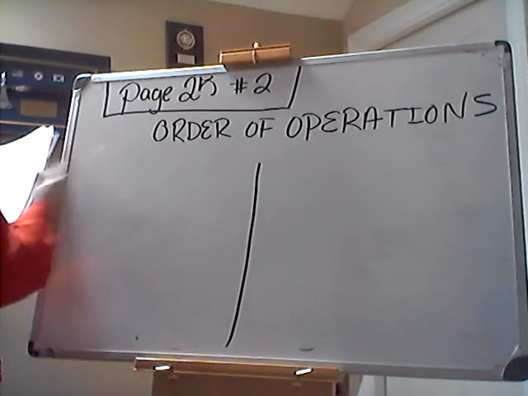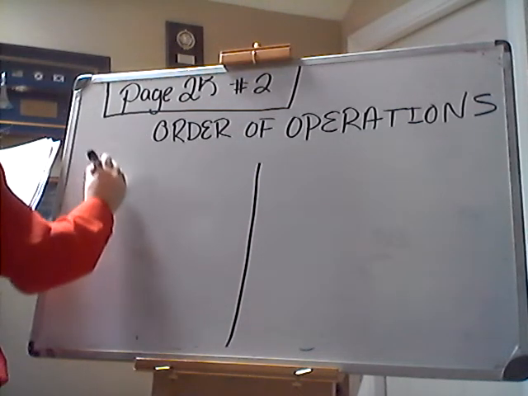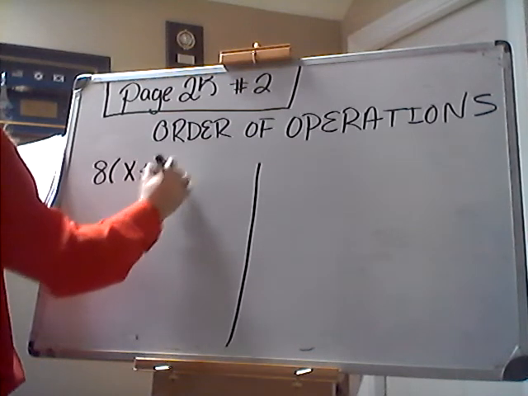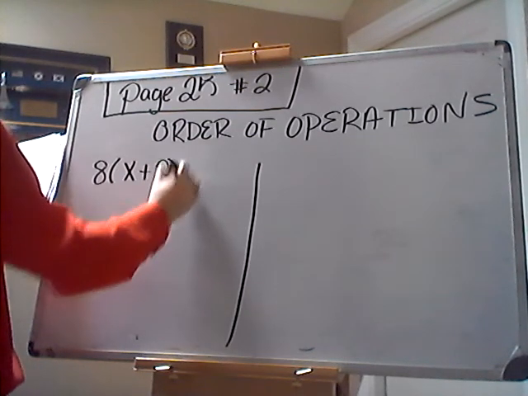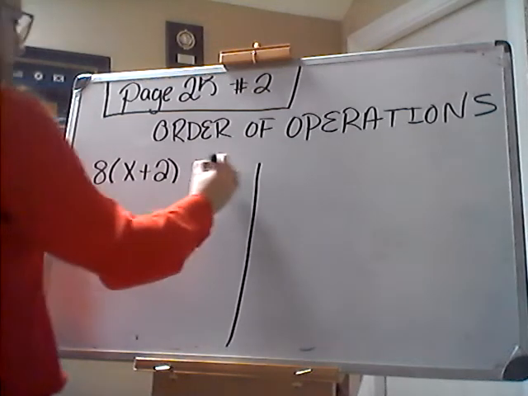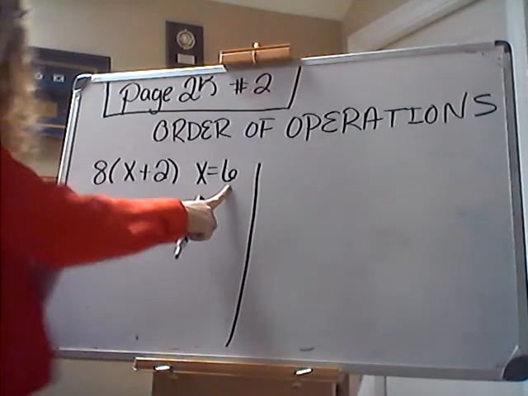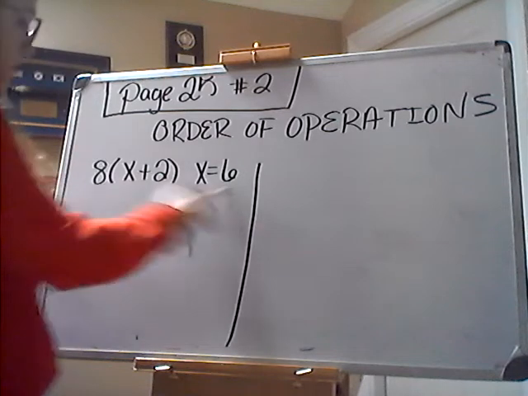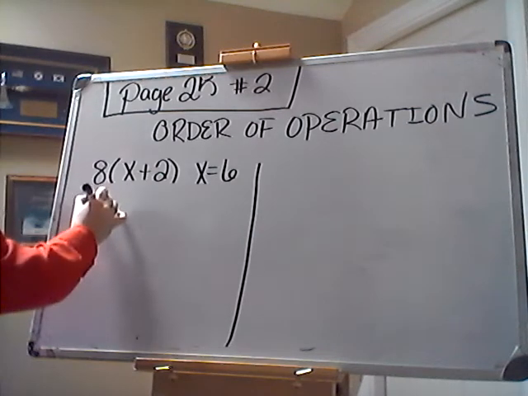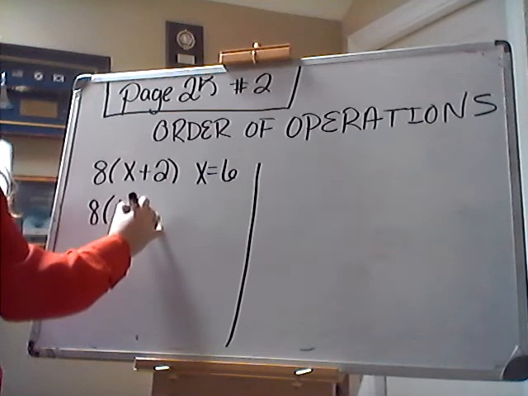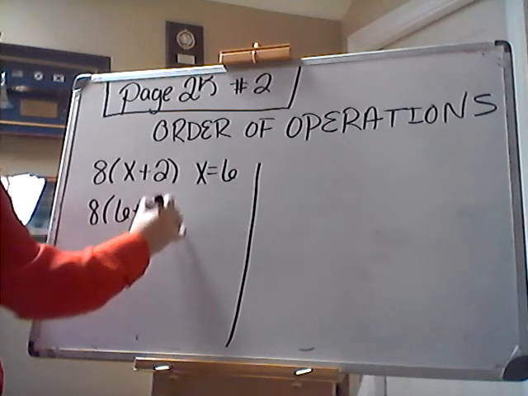So number 2 says 8 times x plus 2 when x equals 6. So you're going to plug in using substitution. If x is 6, you can replace the x with a 6. So that's 8 times 6 plus 2.